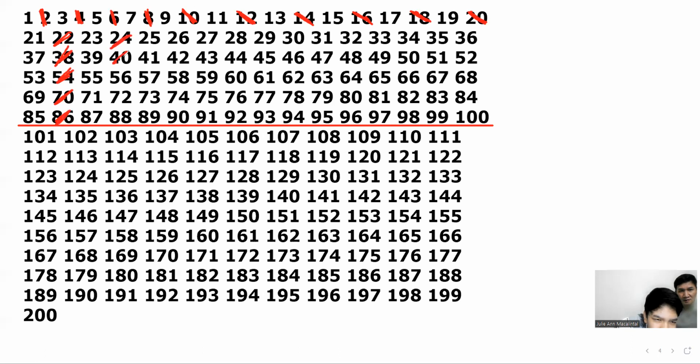I found the pattern. Then we will count if there are really 40 left after crossing out all the multiples of the prime factors or divisors of 100.